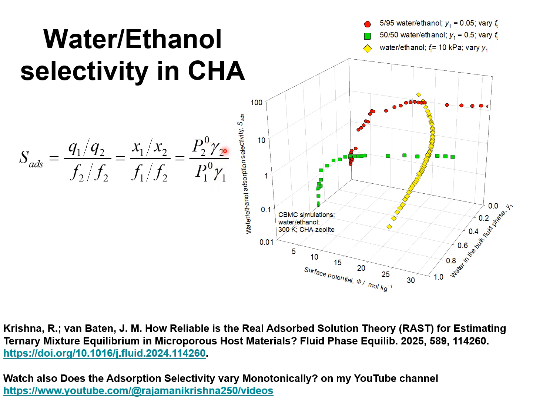And if we use a model for activity coefficient, say the NRTL or the Margules or the Wilson equation, it is a straightforward matter to deduce that the adsorption selectivity does not exhibit a maximum with respect to either phi or y1, and the variation is monotonous.